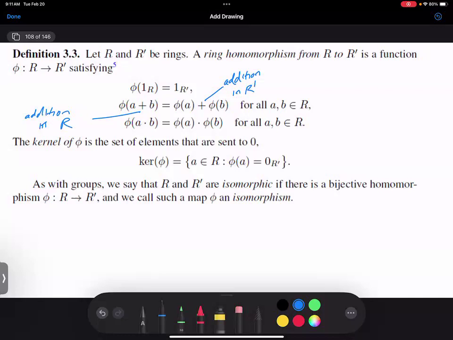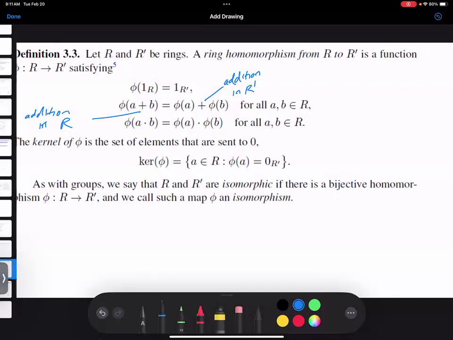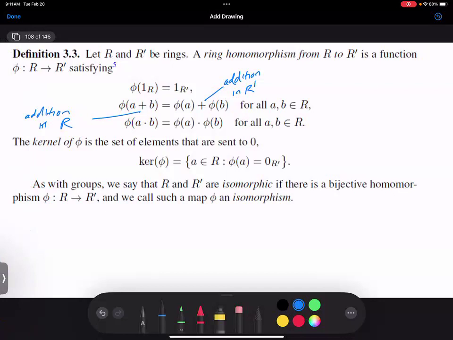And so we are claiming that we will only consider a ring homomorphism if the multiplicative identity goes to the multiplicative identity. What do you think the additive identity should go to? So this is telling us that we must send the multiplicative identity to the multiplicative identity of R prime.